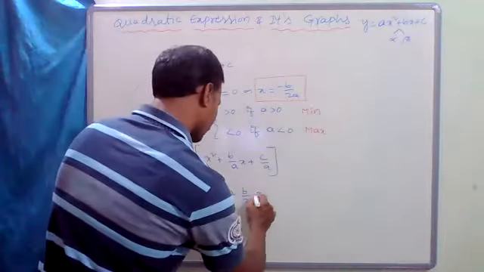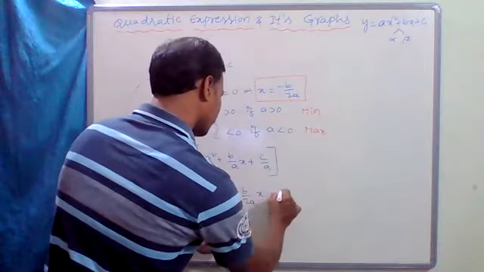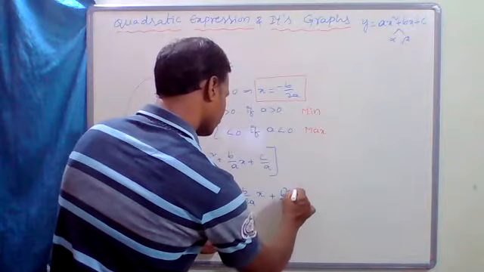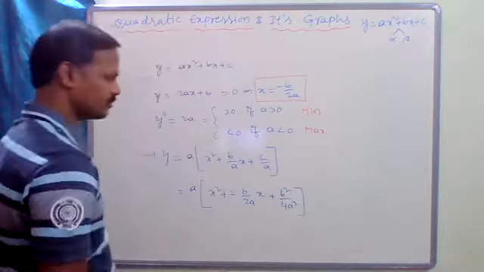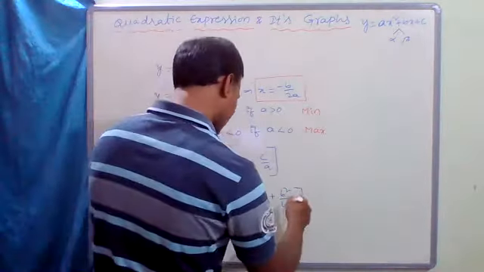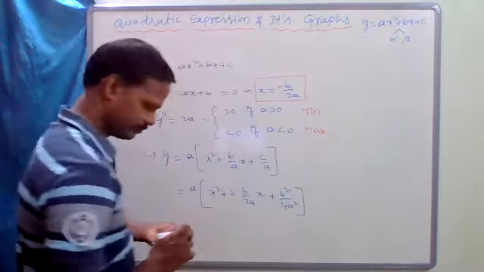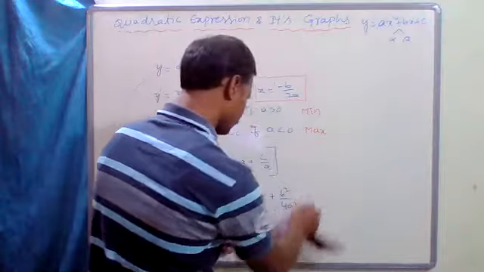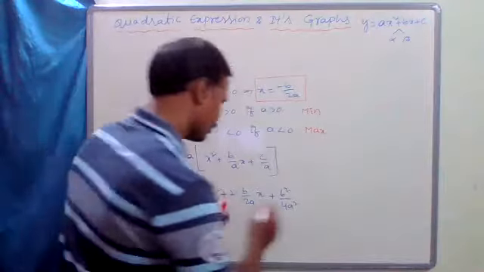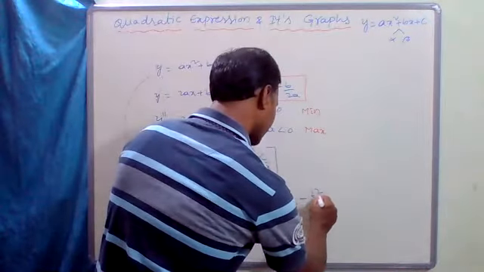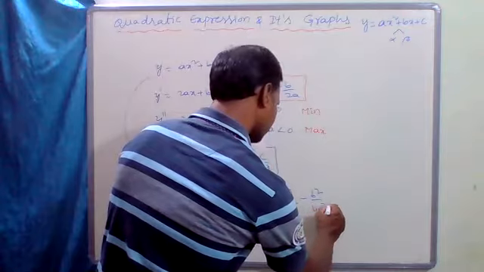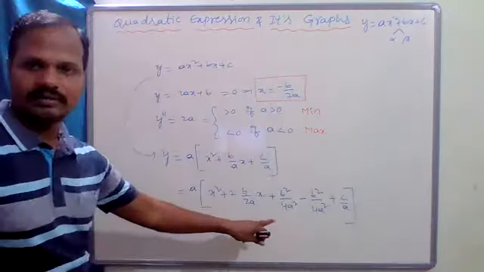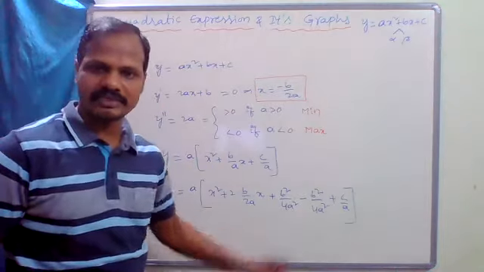Now plus b square by 4a square, and minus b square by 4a square plus c by a. I am adding and subtracting the b square term.